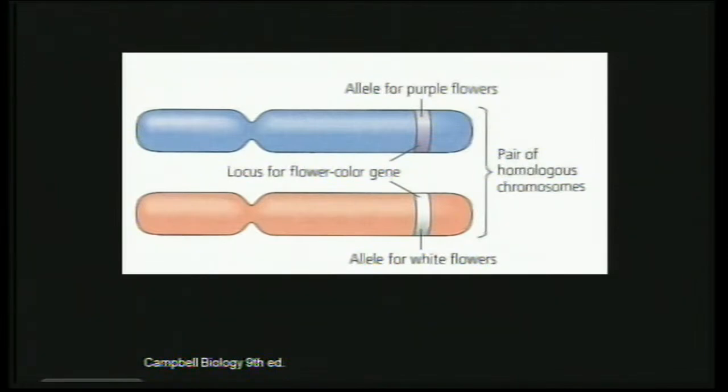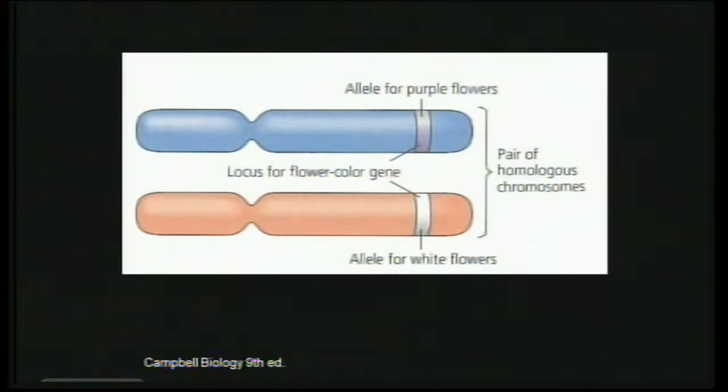But as you can see, the label at the top says allele for purple flowers, and at the bottom you see the allele for white flowers. That means they are the same gene, for the flower color, but they represent different flower colors. So the genes are in different versions, because one represents purple flower color and the gene below represents white flower, and so we call those 2 versions alleles.